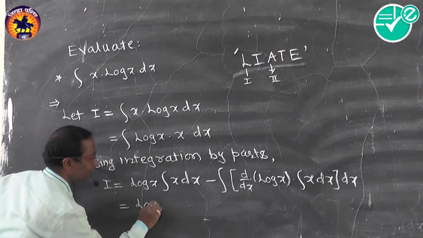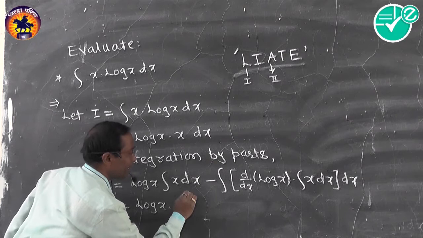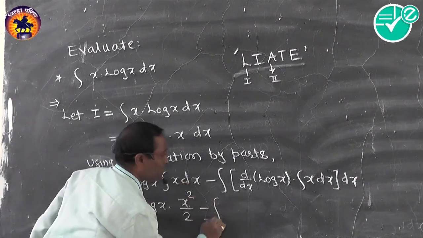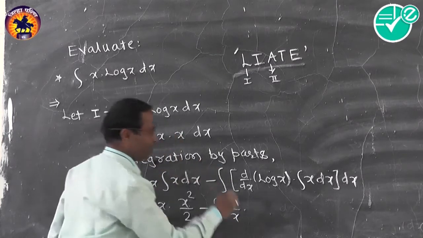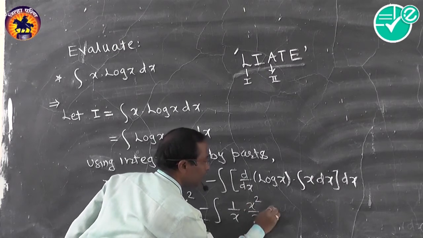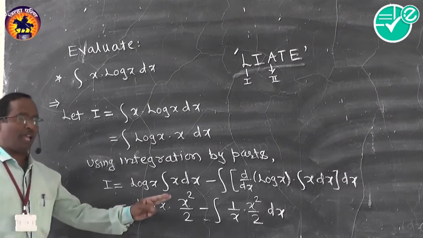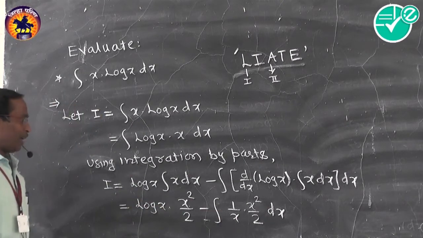Log x into integration of x, which is x square upon 2, minus the integral of the derivative of log x, which is 1 by x, into x square by 2 dx. The derivative of log x is 1 by x and the integration of x dx is x square by 2.